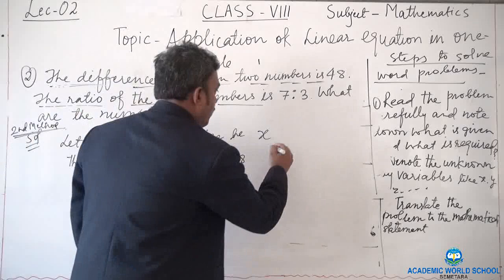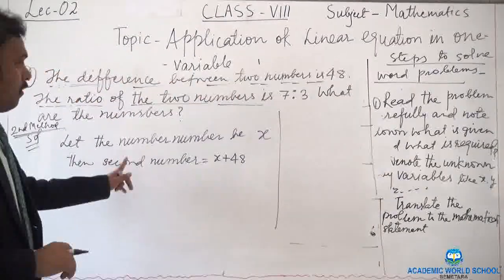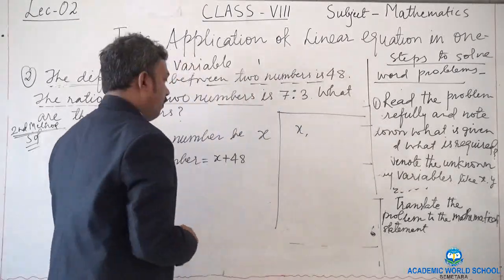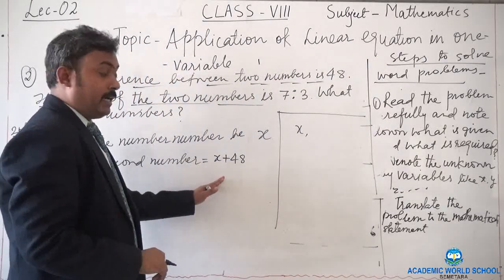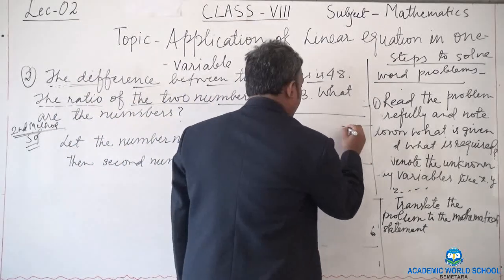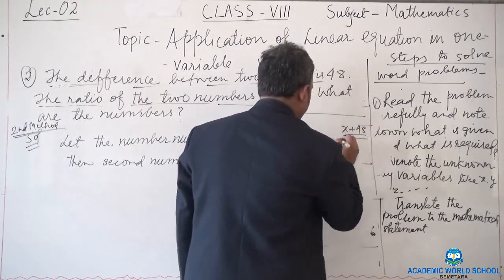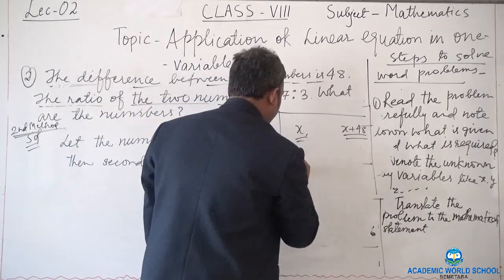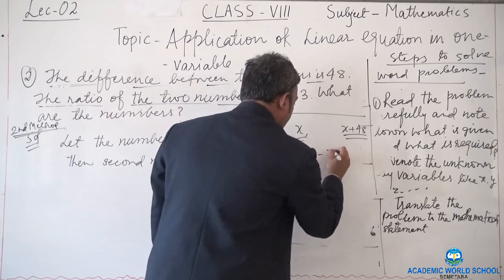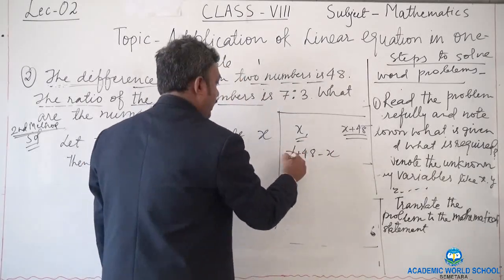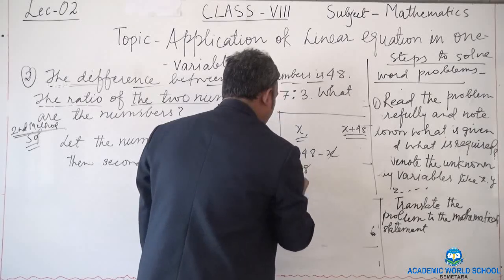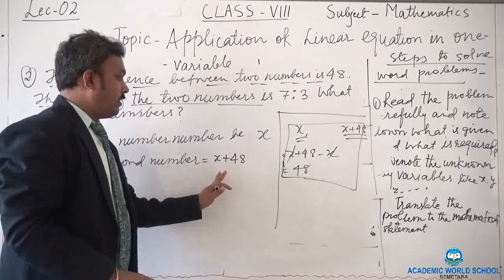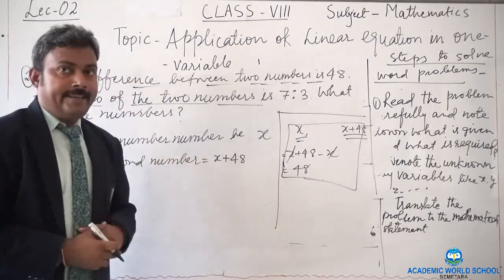If not, let me explain. x is the one number, and we have taken the other number as x plus 48. If we find the difference of these two, what should come? 48 should come. So let us find the difference. x plus 48 minus x. So x and x cancel, what remains? 48. So here one number is x, another number is x plus 48.